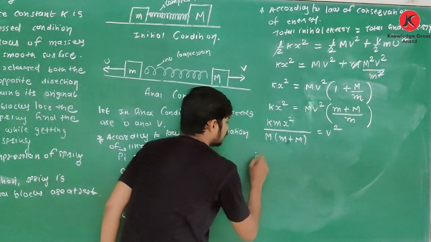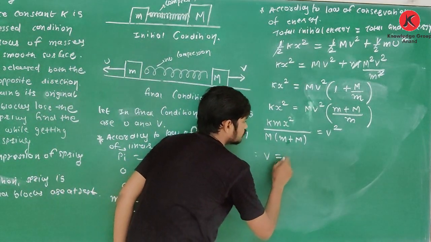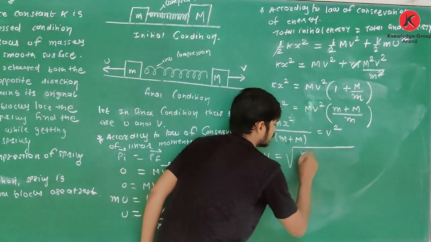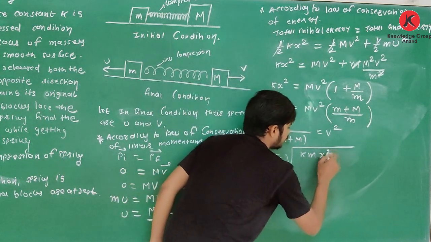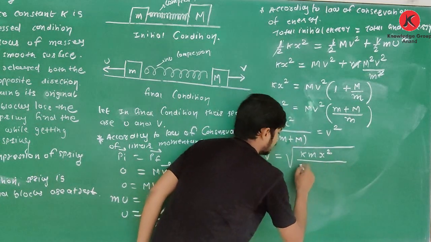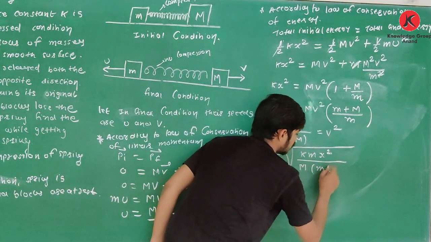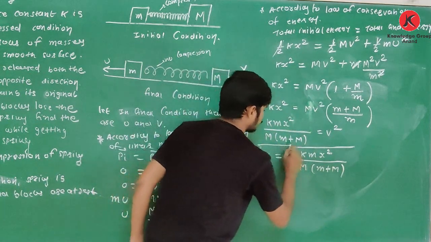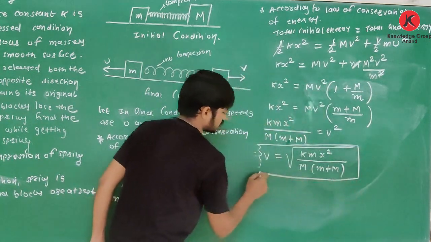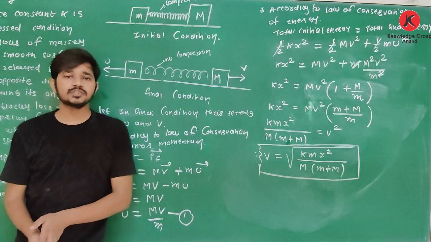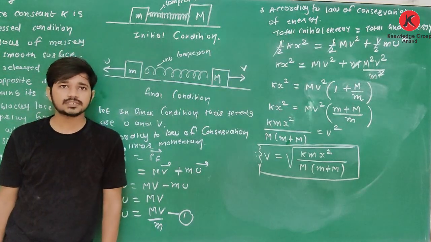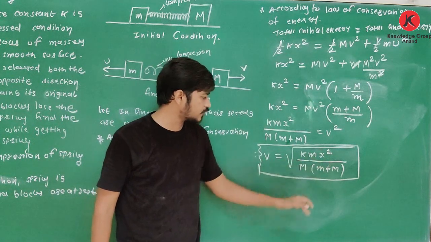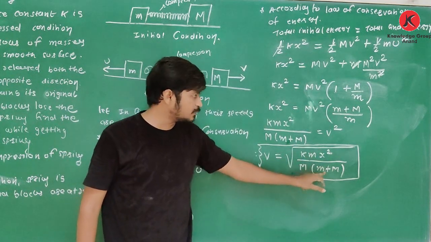So therefore v is equal to, we have to take the square root on both sides, it is kmx square upon capital M times small m plus capital M. It is the equation of v. Clear about this? V is equal to under root kmx square upon capital M into capital M plus m.